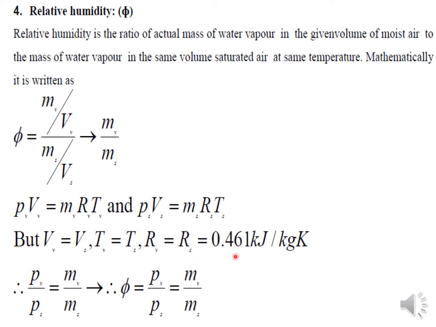Rv and Rs both are the same, right? Now we have the expression Pv by Ps is equal to mv by ms. So phi is equal to Pv by Ps. This is the final term we are getting here, because the rest of the terms will get cancelled.